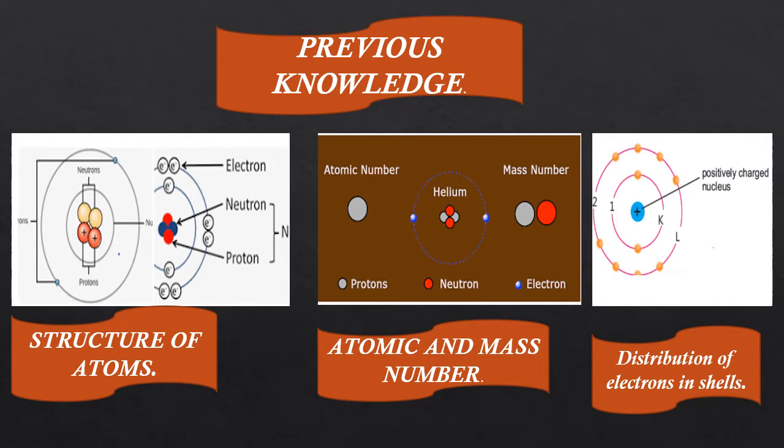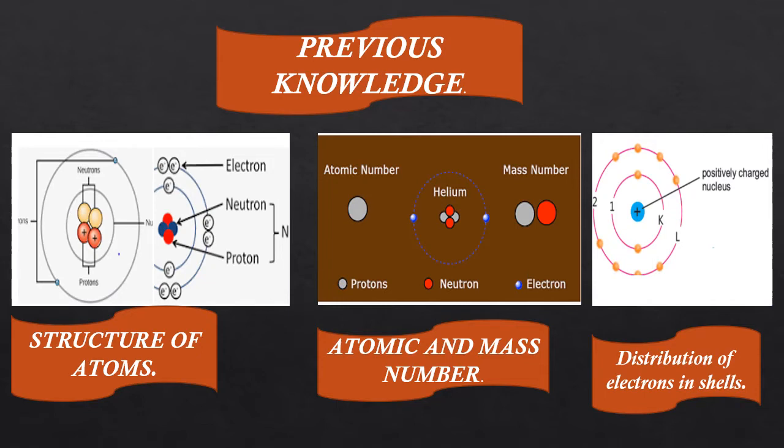For example, carbon has 6 protons in its nucleus. It means its atomic number is 6. For example, hydrogen has 1 proton in its nucleus. It means hydrogen has atomic number 1.